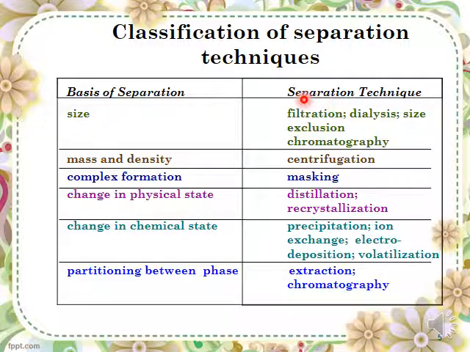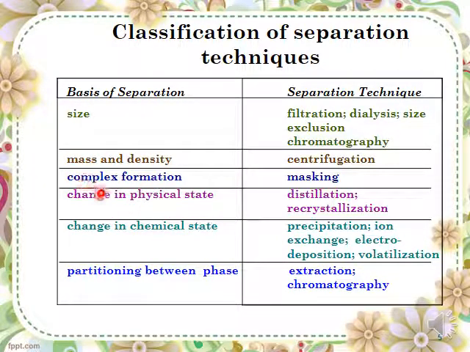You separate suspended solid and dissolved solid using filter paper. If you want to separate based on mass and density, we can centrifuge. So you can centrifuge blood so that you can obtain the different components of blood, and so on. They will be separated based on differences in density as well as mass.